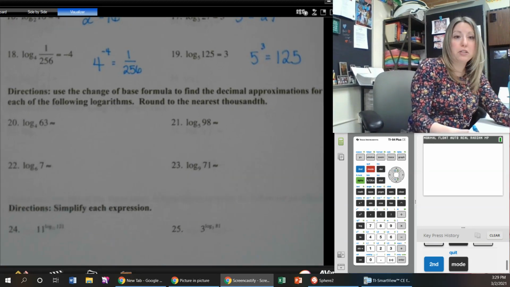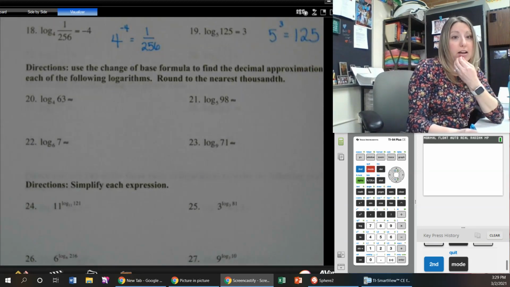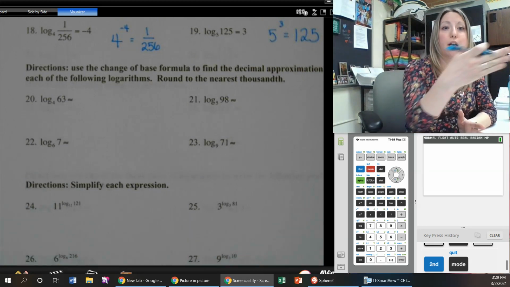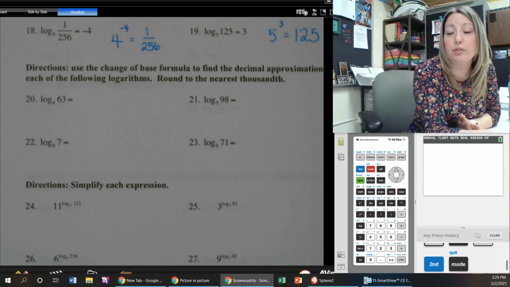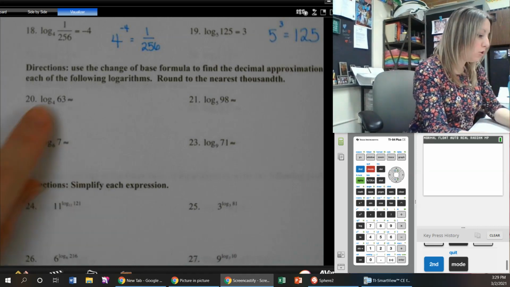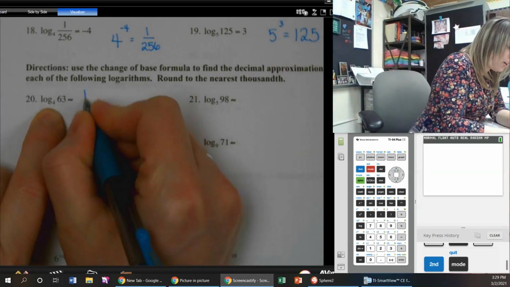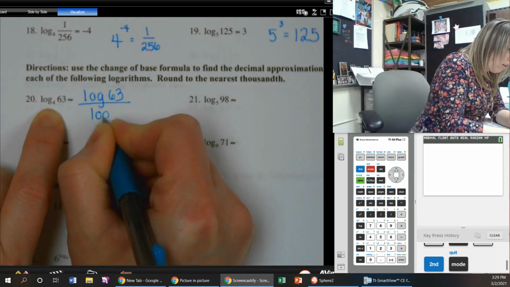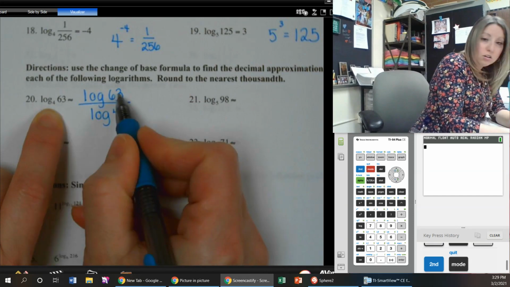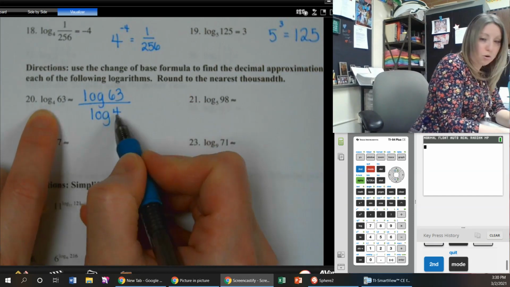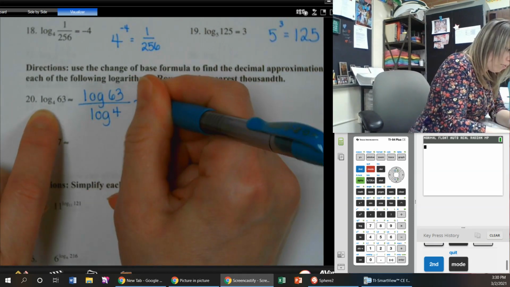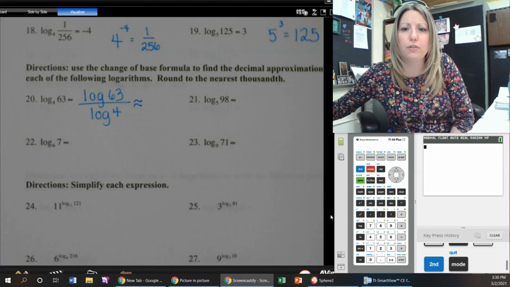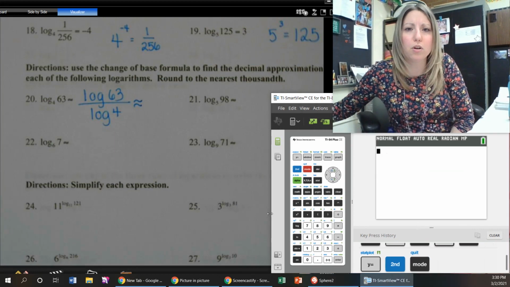But I do specifically ask in this section that you have to show me change of base, then show me the answer rounded to the nearest thousandth. So you have to show me this step right here, which is log 63 divided by log 4. The answer goes on top, the base goes on the bottom, and then plug it into your graphing calculator. I was using my actual physical graphing calculator instead of my computer one earlier.